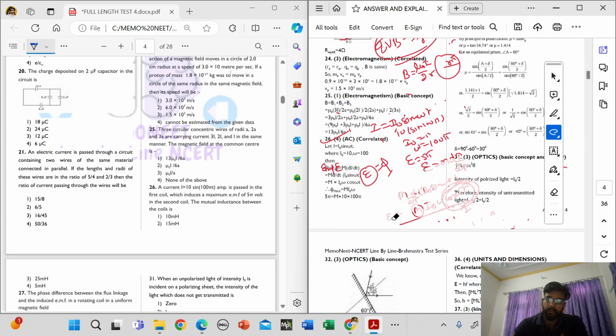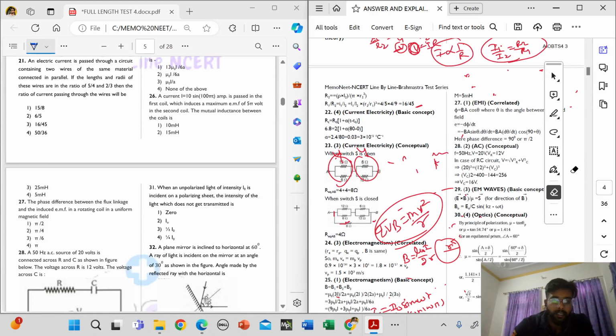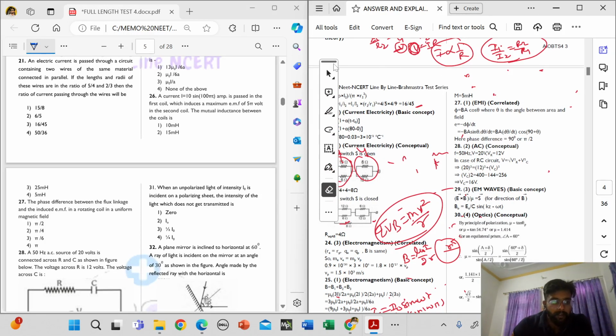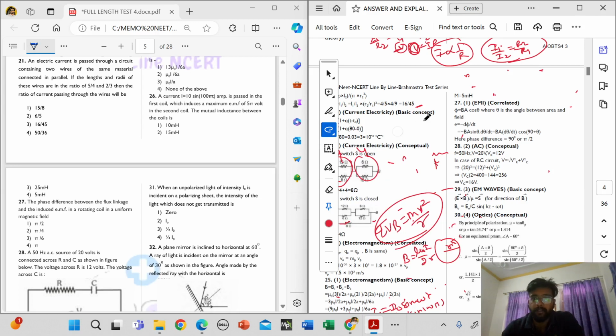Now next question, 27th question. The phase difference between the flux linkage induced during a rotating coil in a uniform magnetic field. We have to calculate the phase difference between the flux and the induced EMF. Because we know that the flux is equal to B dot A, BA cos theta, and EMF is minus d phi over dt.